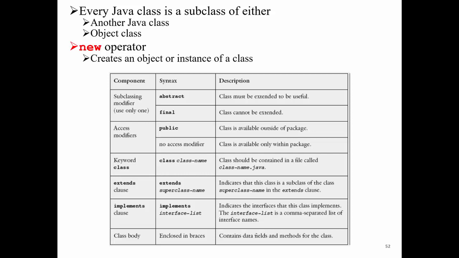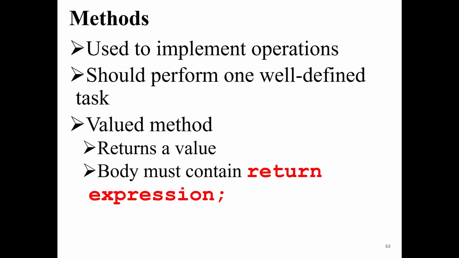The new keyword. When I say the new keyword in Java, what is triggered in your mind? What is the power of new? Why are we using new? To create an object of any particular class. What is a method? Once you define the class, you define a circle as a class.